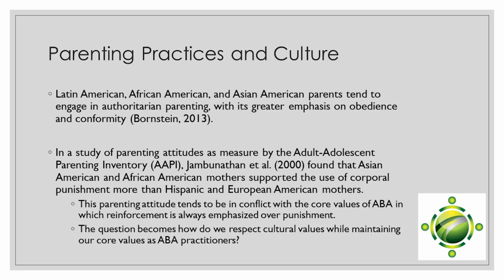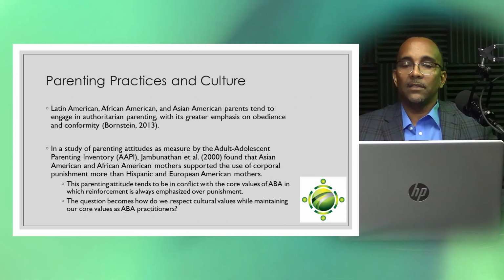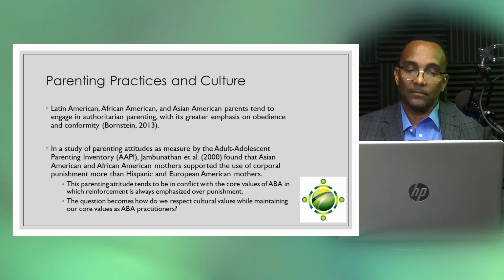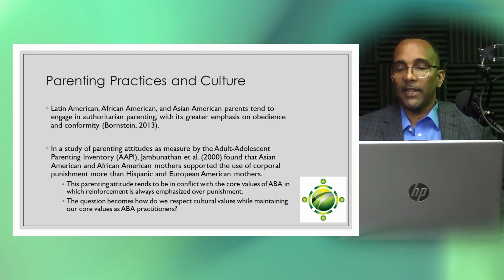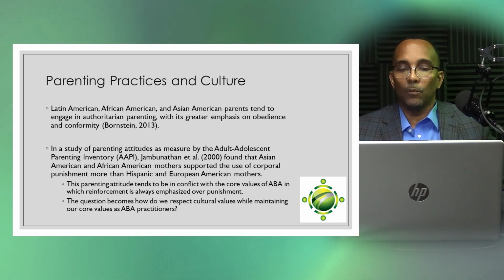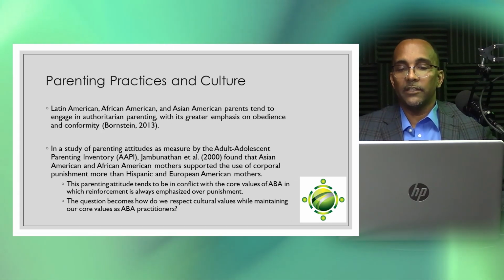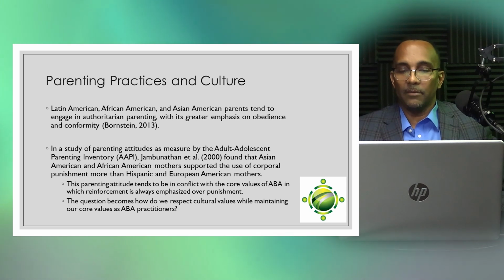Latin American, African American, and Asian American parents tend to engage in authoritarian parenting with a greater emphasis on obedience and conformity. In a study of parenting attitudes as measured by the Adult Adolescent Parenting Inventory, researchers found that Asian American and African American mothers supported the use of corporal punishment more than Hispanic and European American mothers.